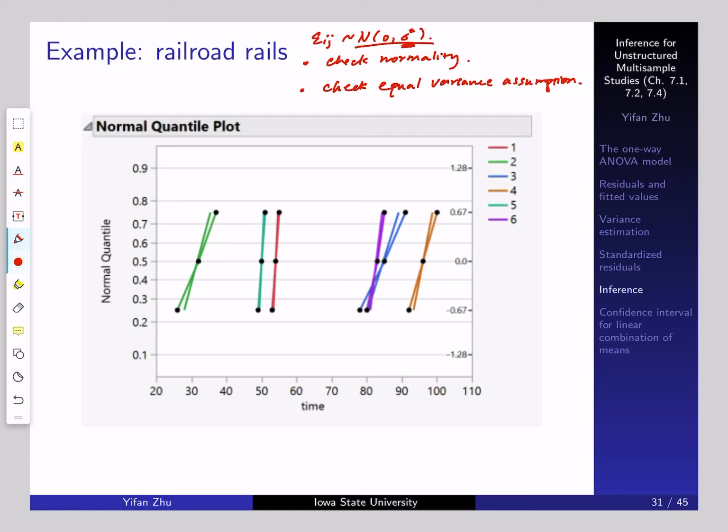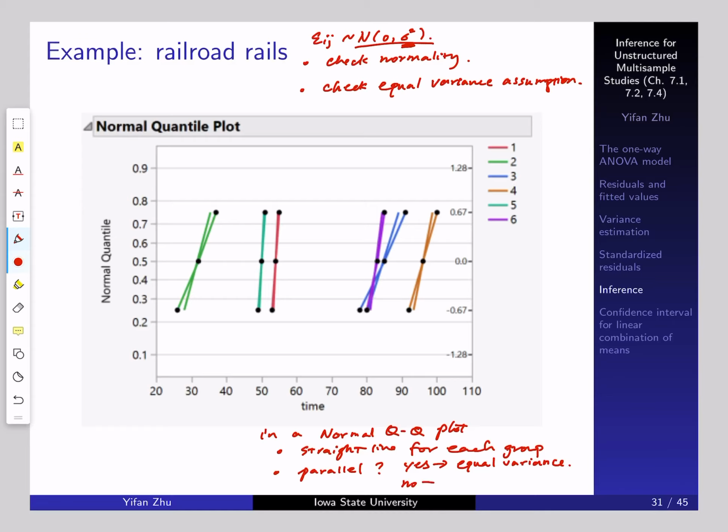The next thing you want to do is to check whether these straight lines are parallel or not. Parallel means equal variance.